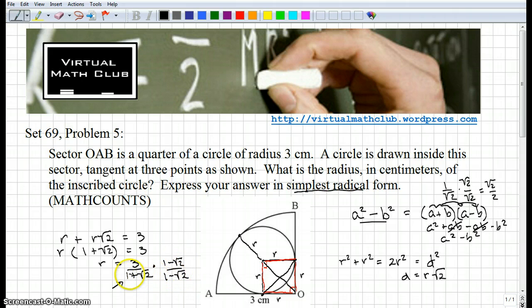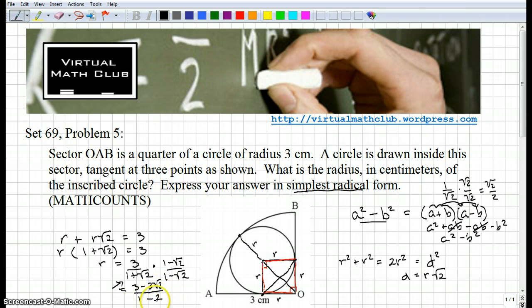Here we have 1 plus the square root of 2 times 1 minus the square root of 2, so it's in the form a plus b times a minus b. So in the denominator we're going to get 1 minus 2, which is negative 1. And on the top, we'll get 3 minus 3 square root of 2.